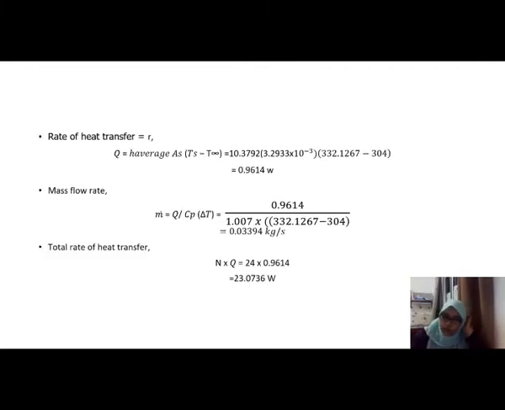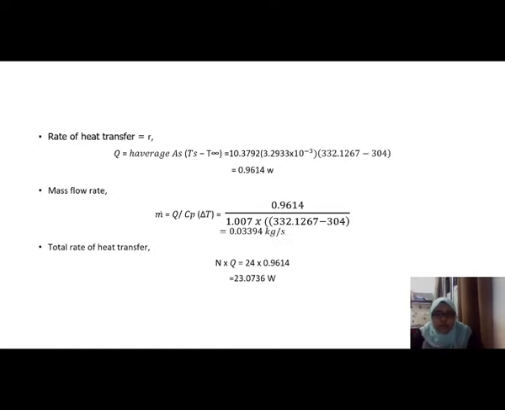And after that, we need to calculate the rate of heat transfer by using this formula, and we got around 0.9614 watt. And for the mass flow rate, we need to calculate by dividing the rate of heat transfer by the coefficient and the temperature difference, and we got 0.03394 kilogram per second.